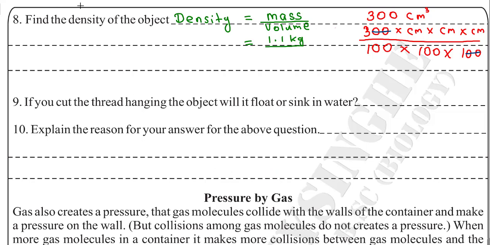Then we get 0.0003 cubic meters. Then 1.1 divided by 0.0003. After simplifying, children, we get 3666 kilogram per cubic meter.